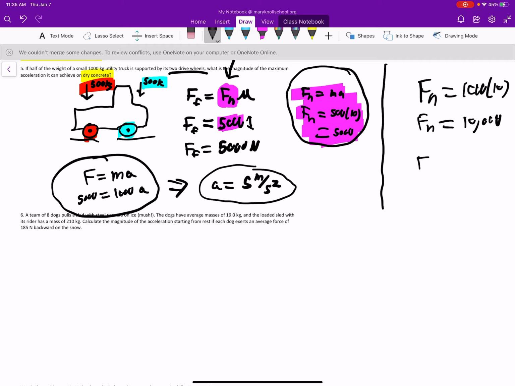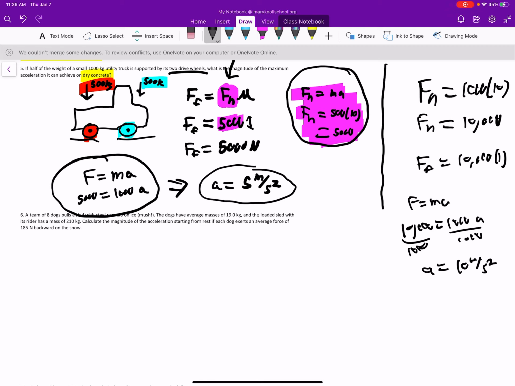Then the force of friction would be 10,000 multiplied by 1. I'm just copying the same steps I did on the left. So F equals ma, the force would be 10,000, and the mass is 1,000 times acceleration. Divide by 1,000 on both sides, and we get 10 meters per second squared.